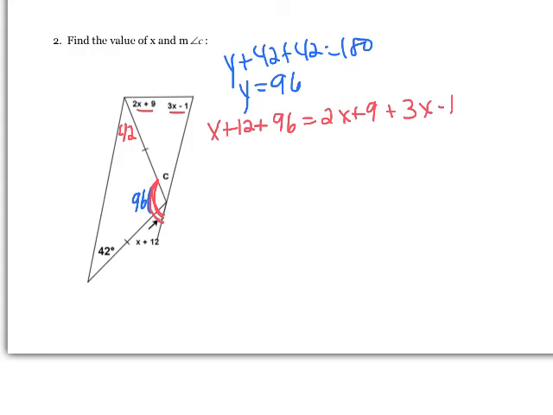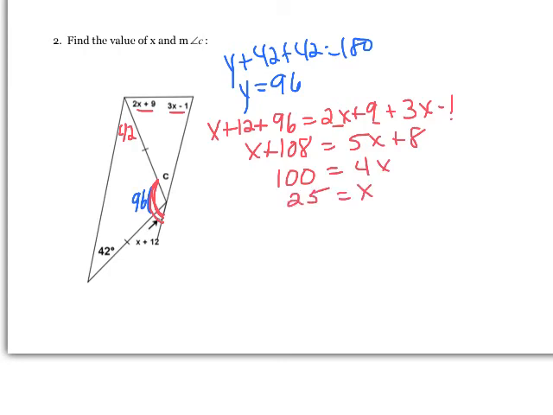So 96 plus 12 is 108, x plus 108. Now it's just algebra. Combine like terms, 5x plus 8. When I subtract the 8, I get 100 is equal to 4x. So x ends up being 25.